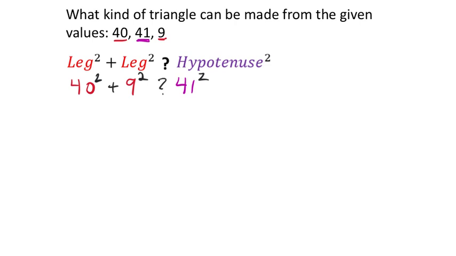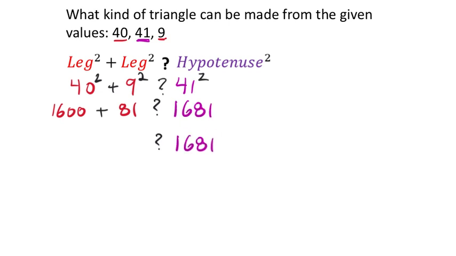So 40 to the power of 2, 40 times 40 is going to be 1,600. 9 to the power of 2, 9 times 9 is 81. And then in my calculator, I just do 41 to the power of 2, and I get 1,681. So we're going to compare these values. We don't have to do anything else with 1,681, but what I can do here is combine the 1,600 plus the 81, the squares of the legs, right?